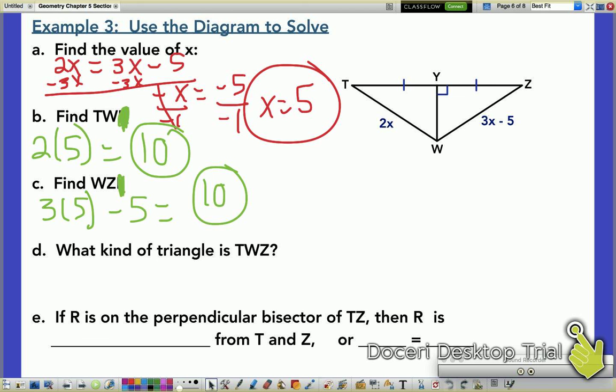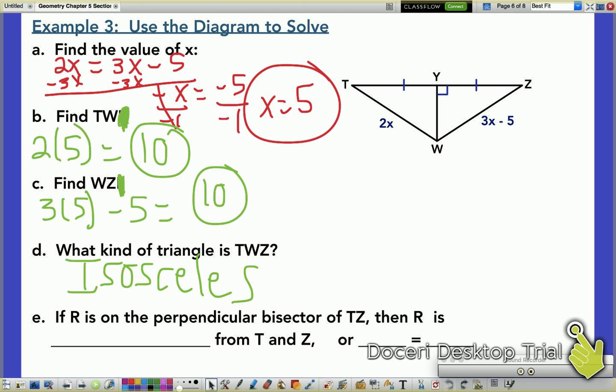Anybody know? Okay, these are both 90. They share a side. Okay, they're isosceles. 2 sides are congruent. It's an isosceles. And I just really messed this whole slide up.